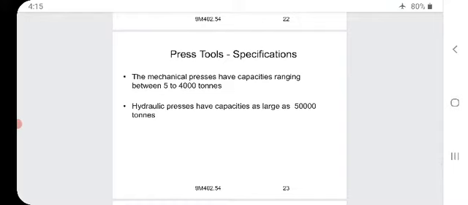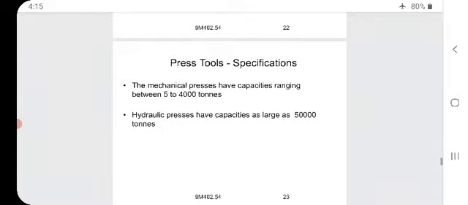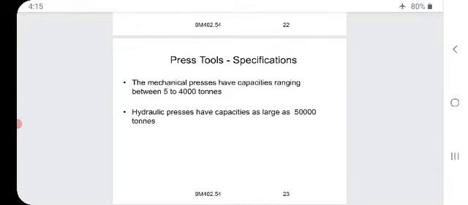Press tool specifications. Mechanical presses have capacities ranging between 5 to 4,000 tons. Hydraulic presses have capacities as large as 50,000 tons.